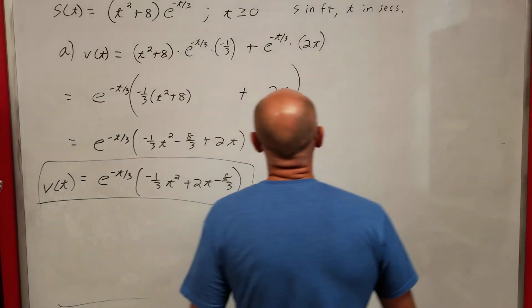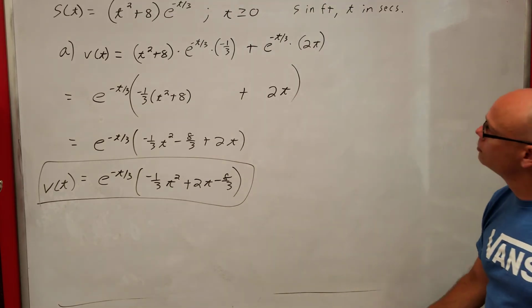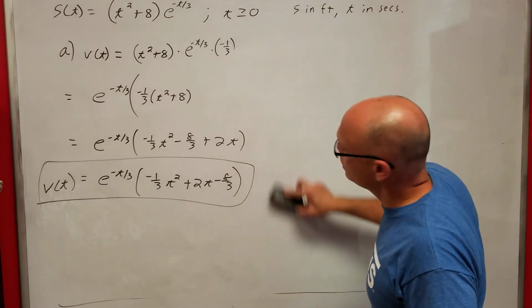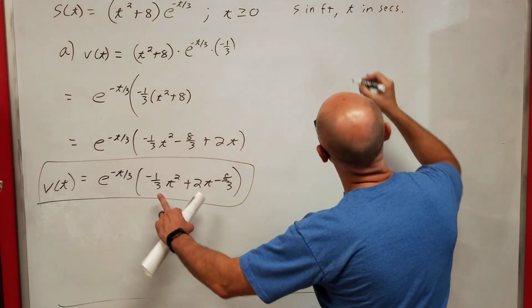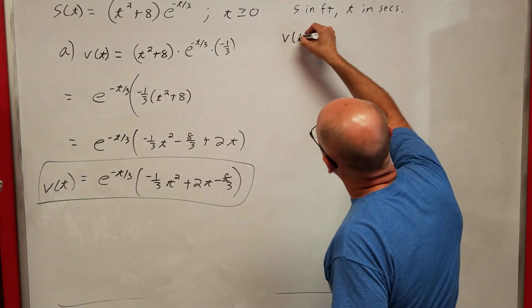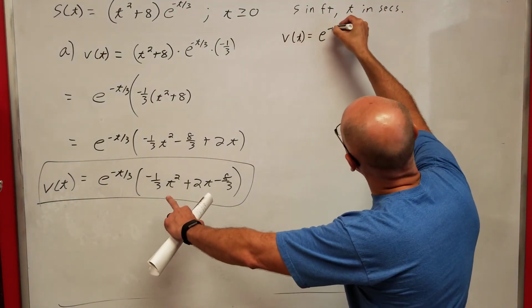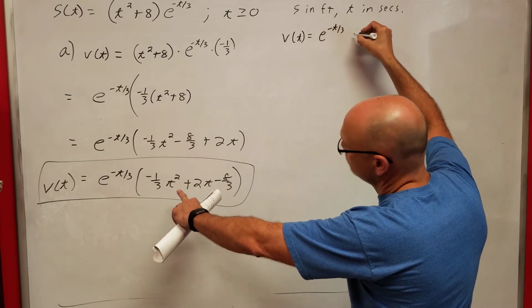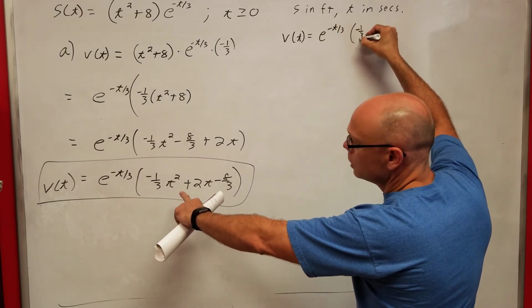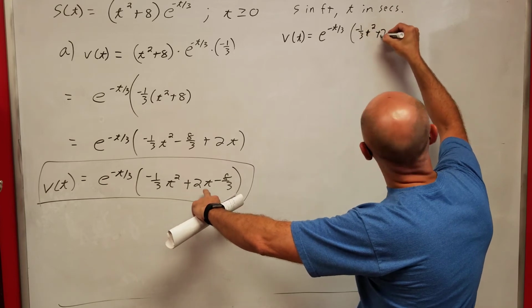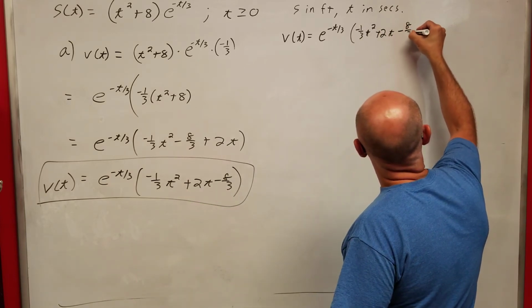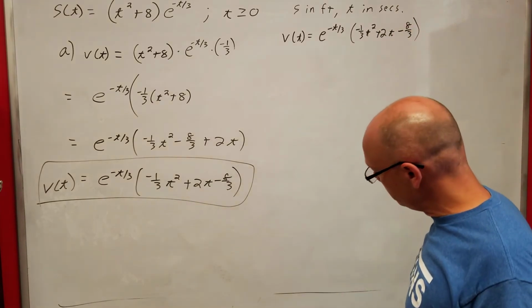Now they still want me to find my acceleration function. So I'm going to rewrite it over here: v of t equals e to the negative t over 3 times negative 1/3 t squared plus 2t minus 8/3. Now I have room to take that derivative.